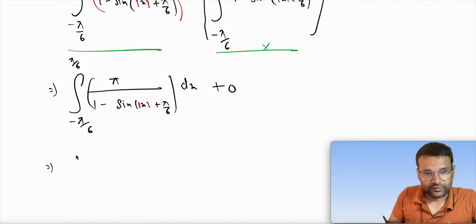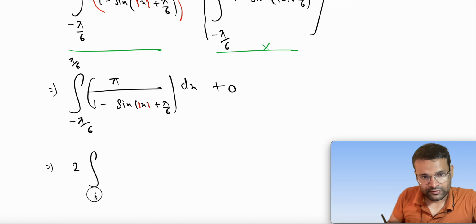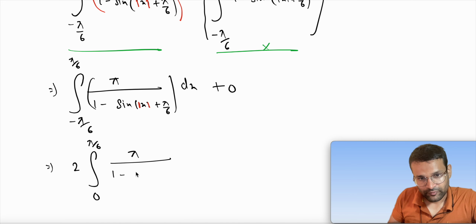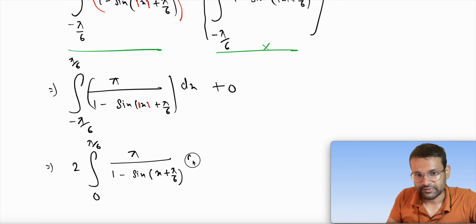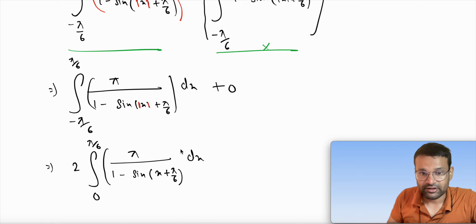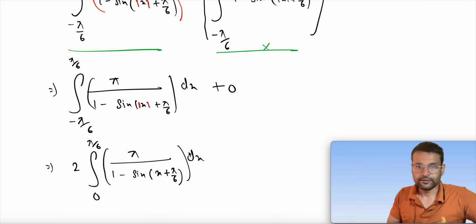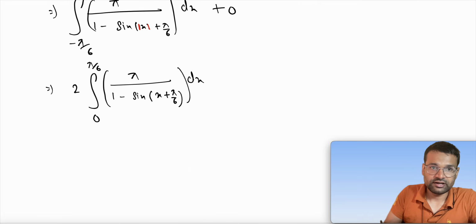So you can write 2 times the integral from 0 to pi by 6 of pi over 1 minus sine. Now the limit is positive, 0 to pi by 6 is positive, so we don't need to carry this modulus sign anymore. We can write x plus pi by 6 simply, because our limit became positive, 0 to pi by 6. Now we do our next part. We rationalize this one.